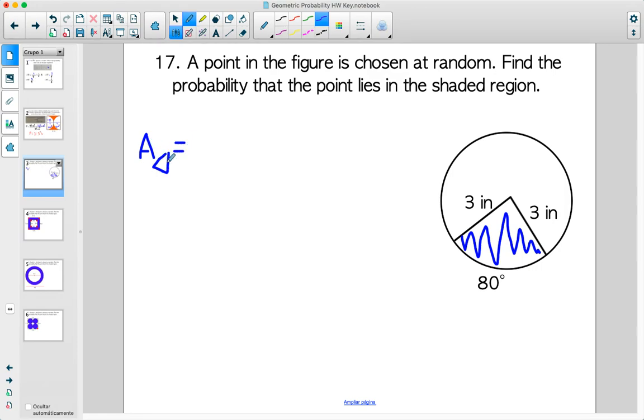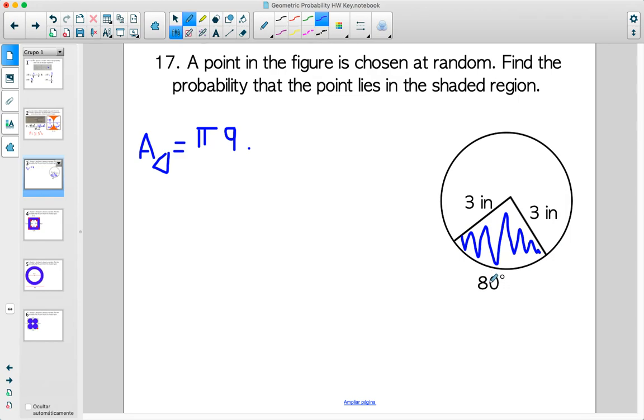So the area of the sector, hopefully you remember what the area of the sector is. Feel free to pause. All right, the area of the sector is pi r squared, and r is 3, so that's 9. 3 times 3 is 9, times the ratio or the fraction of the sector.